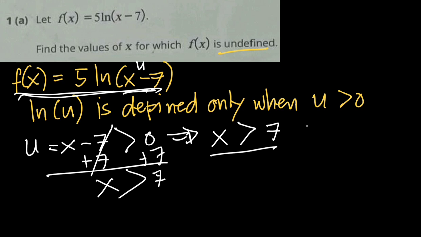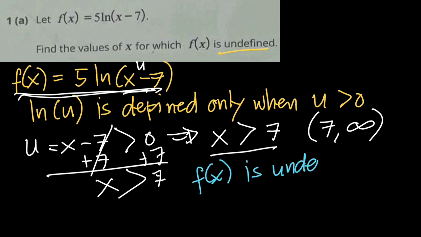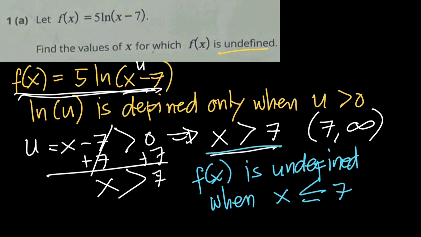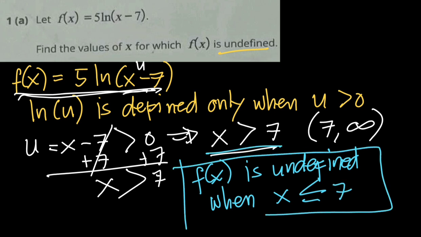Or we can write this in interval notation. Since the function is defined when x is greater than 7, that means f of x is undefined when x is less than or equal to 7, the opposite of this one.